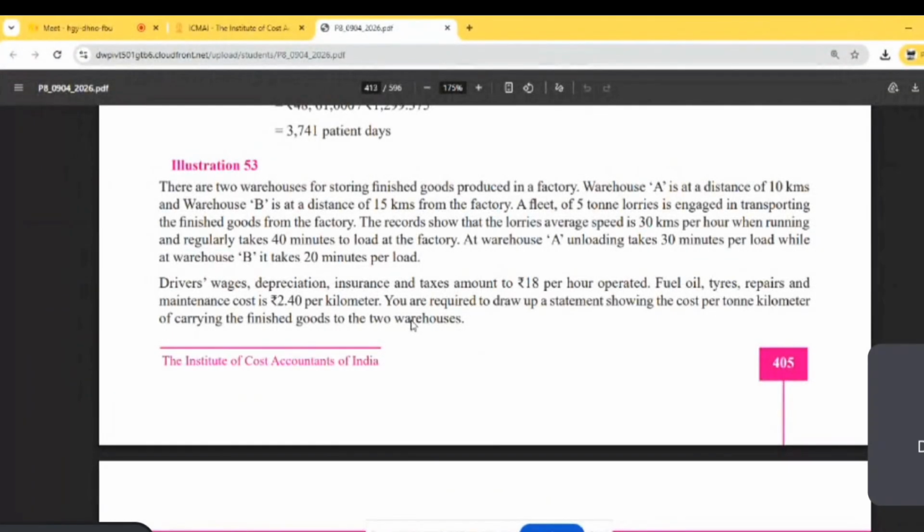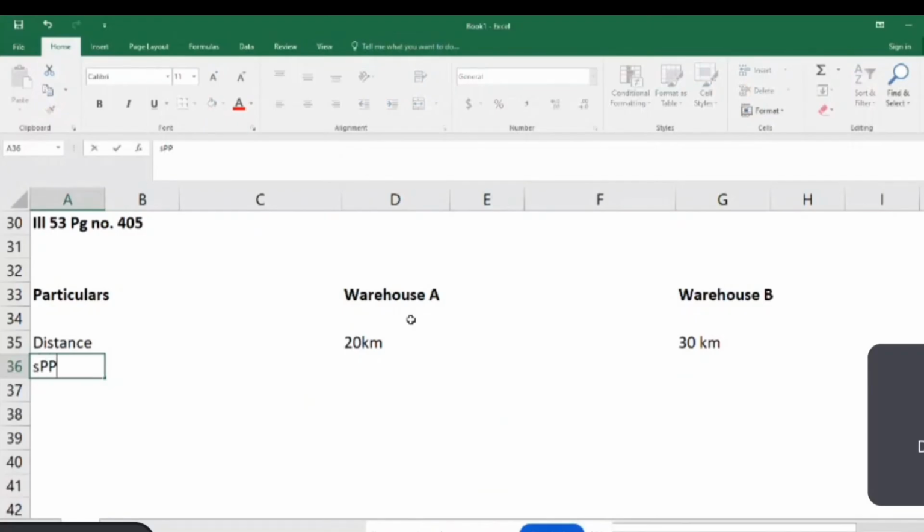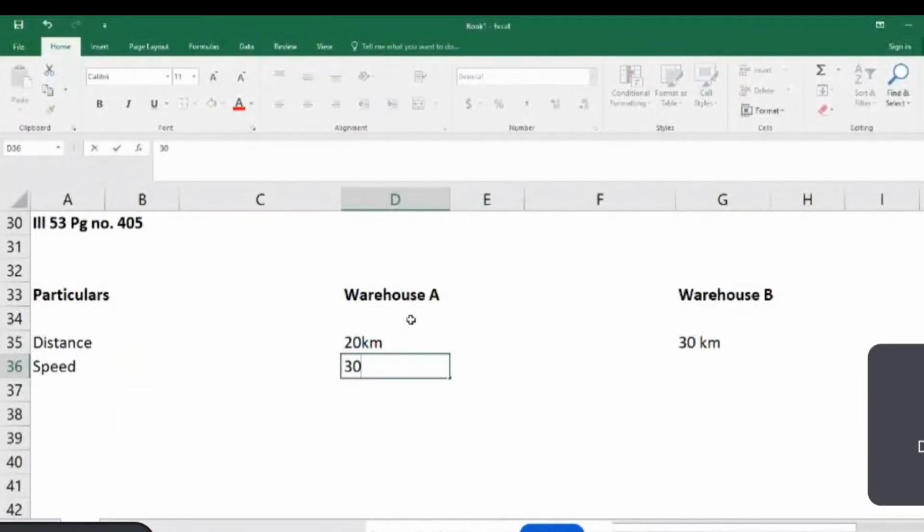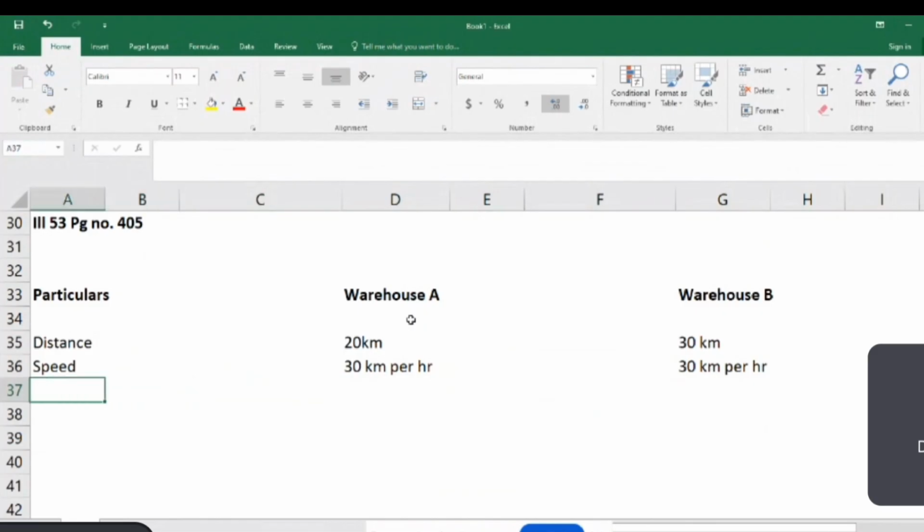Then what is the speed? The 5-ton lorry is being transferred. The record shows an average speed of 30 km per hour. It travels at the speed of 30 km per hour. The same comes here. So time for travel: how many minutes is it traveling?